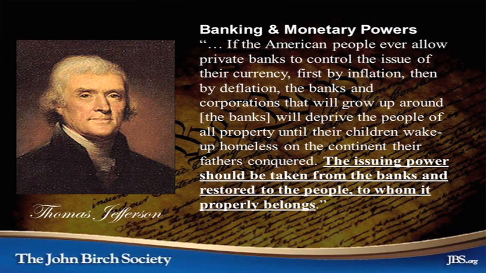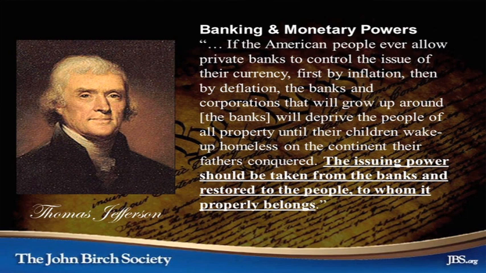Sounds like he's predicting foreclosures as well, isn't he? And we've definitely seen that. His solution: the issuing power should be taken from the banks and restored to the people to whom it properly belongs. That is the only solution.